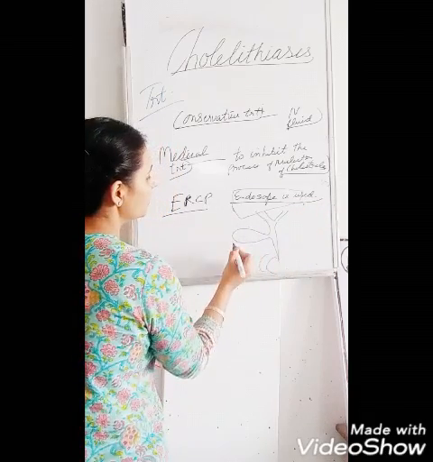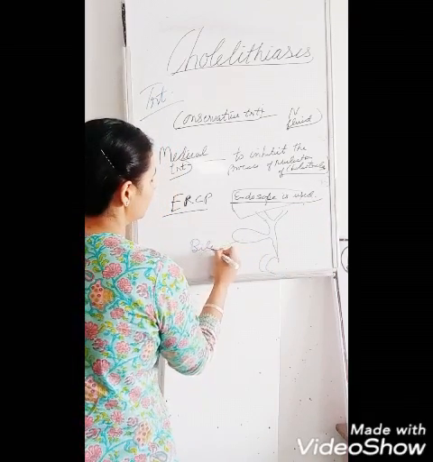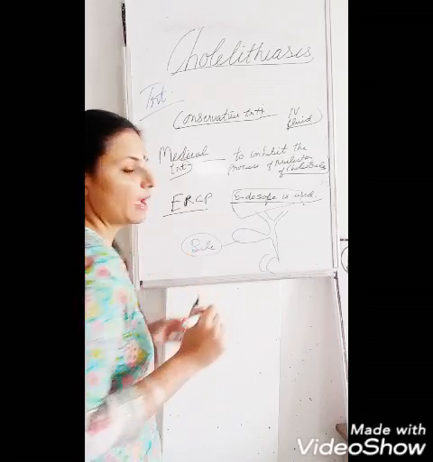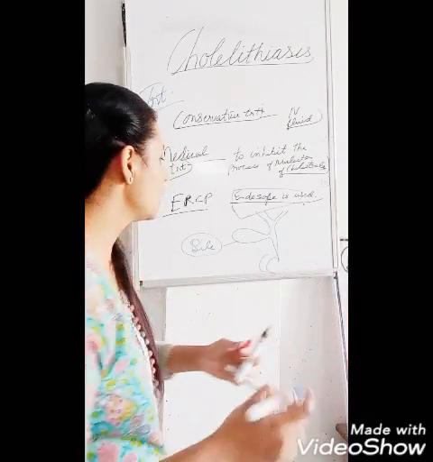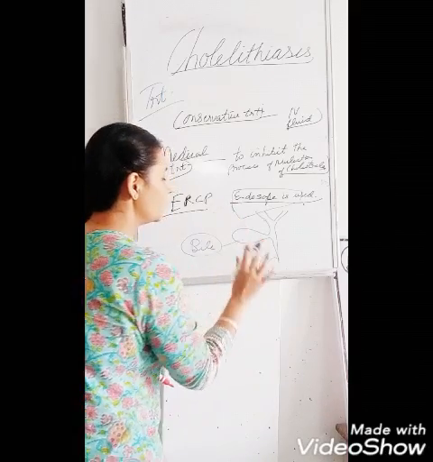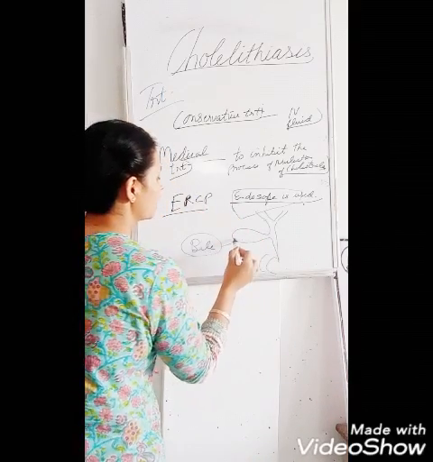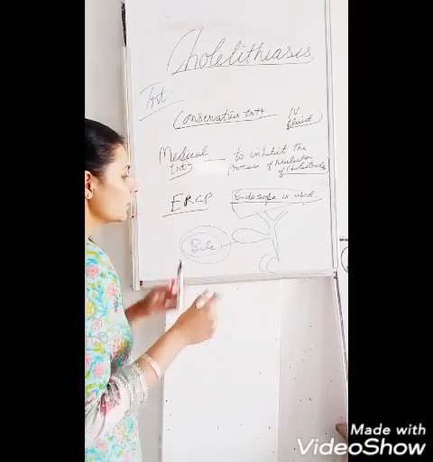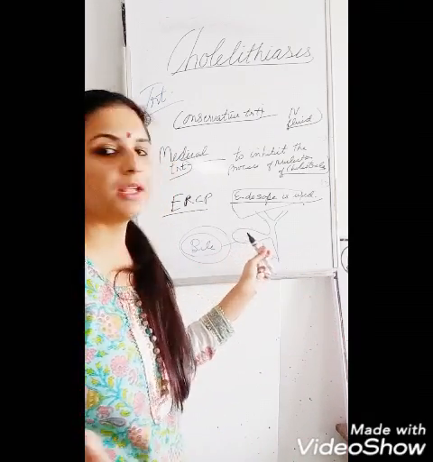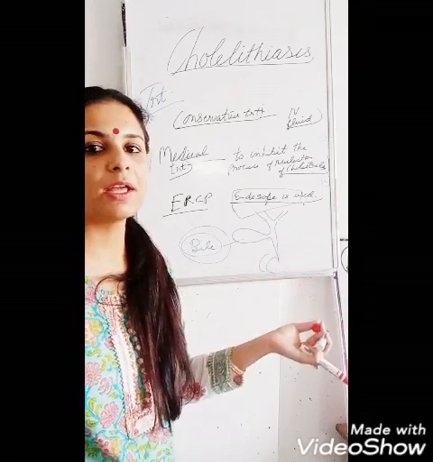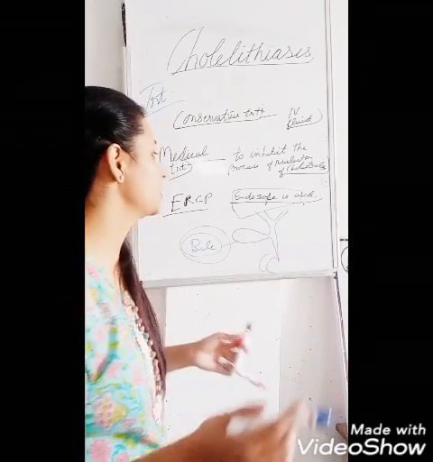So this gallbladder only stores bile, and that bile contains what? Bile pigments, bilirubin and the minerals and some cholesterol. So there is no other function played by the gallbladder. So if the gallbladder gets removed, it will not affect the digestion of the patient.